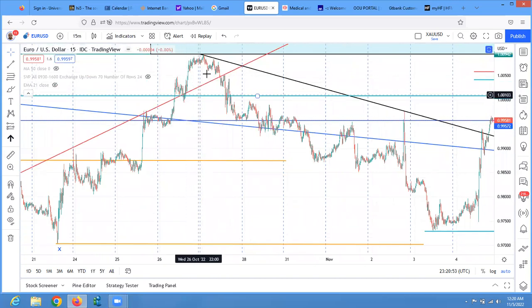So the move on the lower time frame, it's this one as a 1 and a 2 and a 3 and a 4 on this side to finish this move here as a 5.